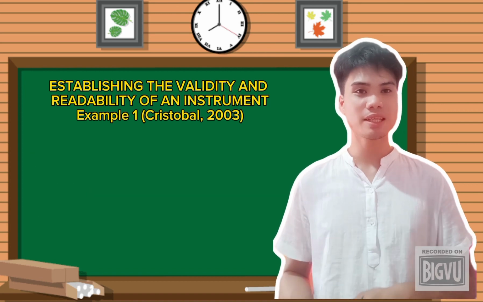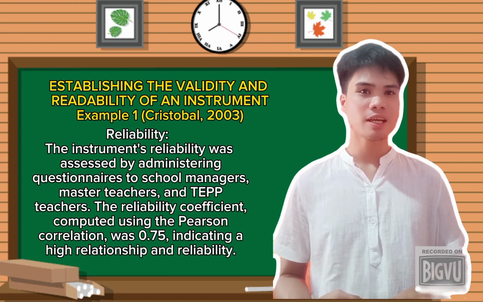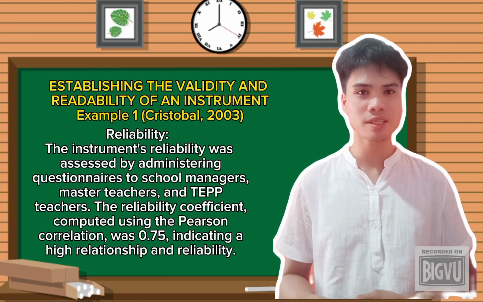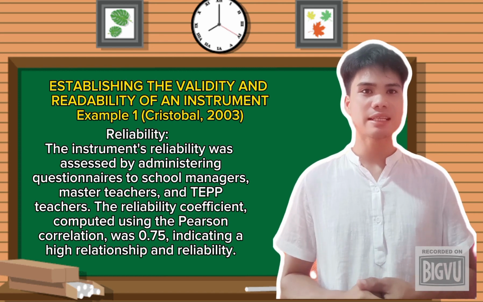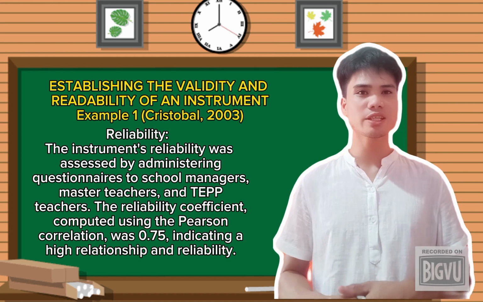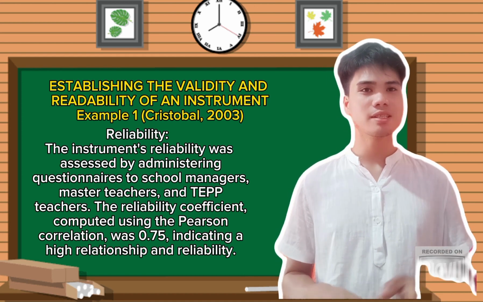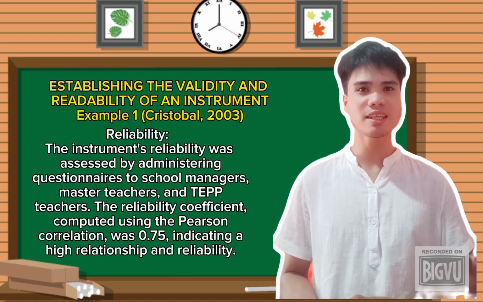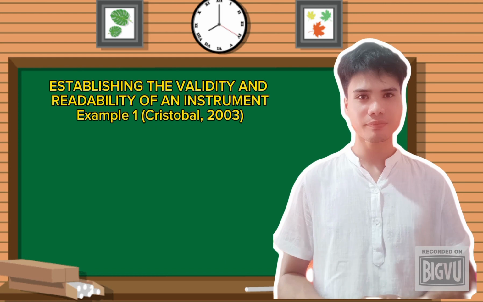Next is reliability. The instrument's reliability was assessed by administering questionnaires to school managers, master teachers, and TEPP teachers. The reliability coefficient computed using the Pearson correlation was 0.75, indicating a high relationship and reliability.